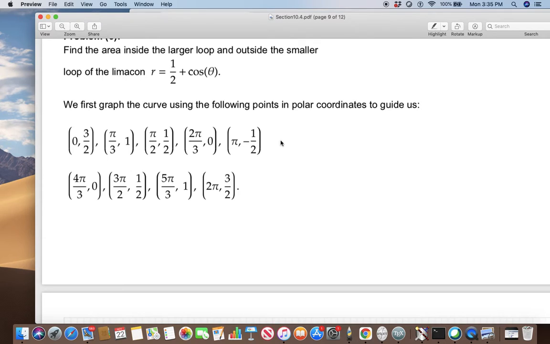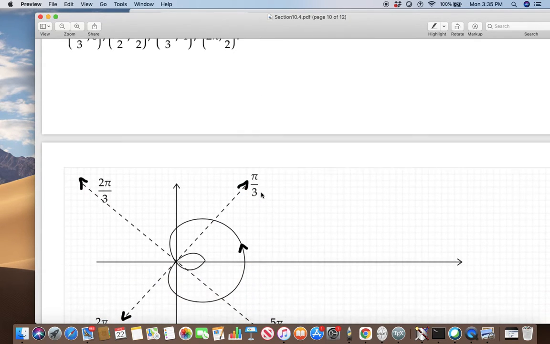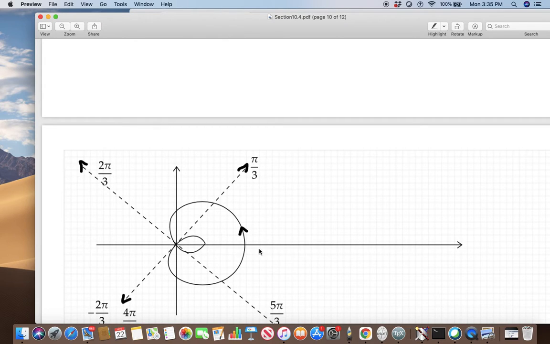Let's first graph it. Take angle theta 0, pi over 3, pi over 2, 2 pi over 3. Notice I have taken multiples of pi over 3 just so I get some reasonable numbers to work with. So I get this curve.